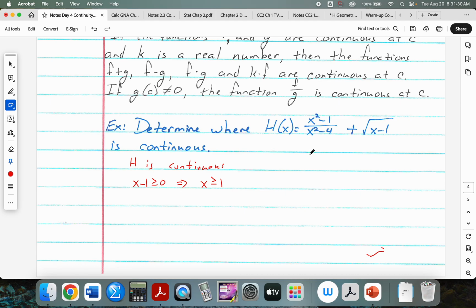Except where? What does this part add in? Where is that not continuous that's in this interval? At x equals 2. So except at x equals 2.